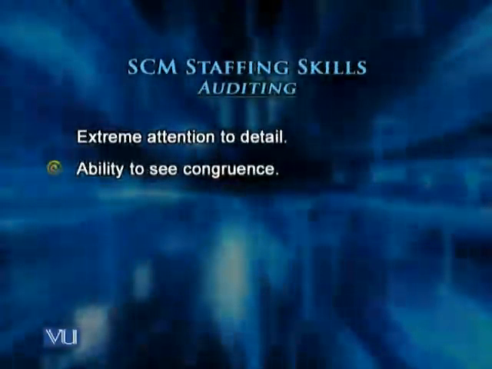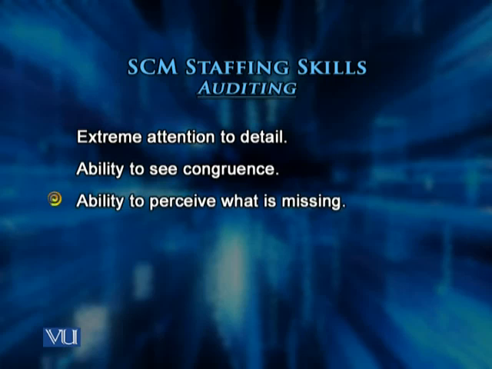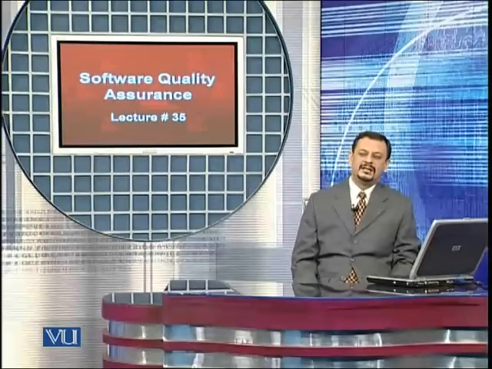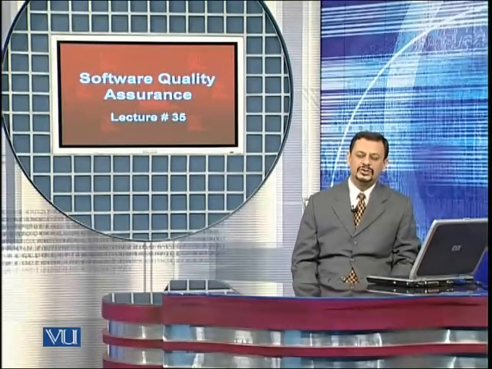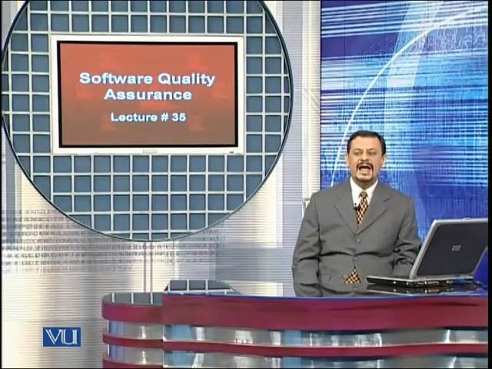An important qualification of these people is the ability to see congruence, that is, similarity between software products, and the ability to perceive what is missing from the software product. With these abilities, the SCM team member can observe how change to the software system is visibly and traceably being controlled.